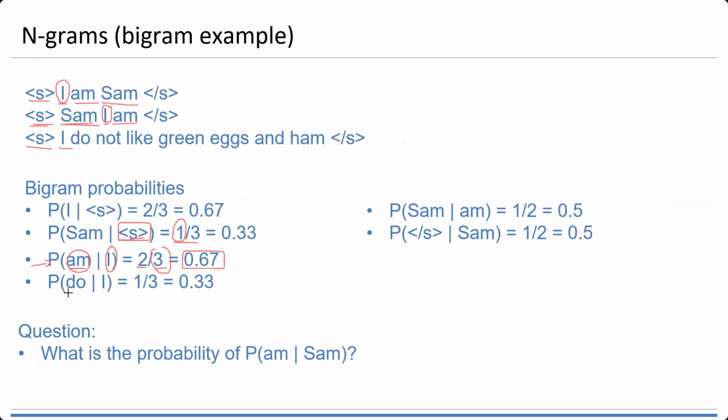What about the probability of 2 given I? So we have only 1 out of 3 of I. Now, if I want to see the probability of Sam given the word M, what is the probability?